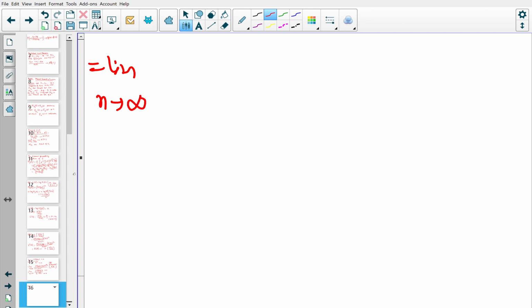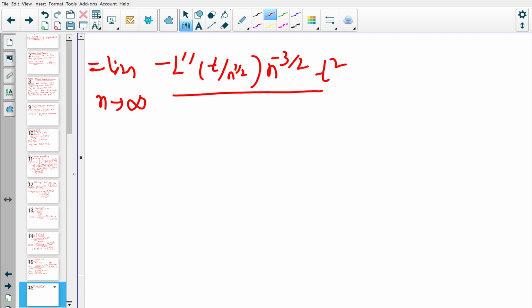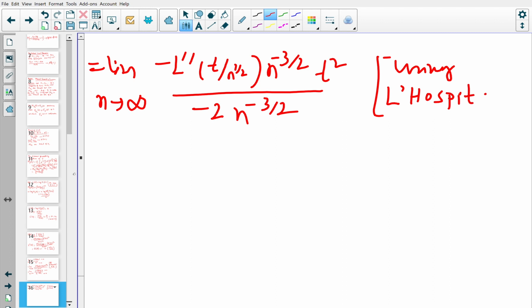If you use L'Hospital's rule, then as n tends to infinity, this becomes minus L double dash of t over n power half, times n to the power minus 3 by 2 into t square, and the denominator will be nothing but minus 2 times n to the power minus 3 by 2, using L'Hospital's rule again.